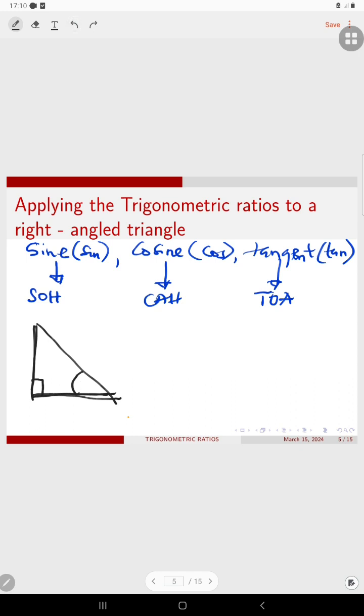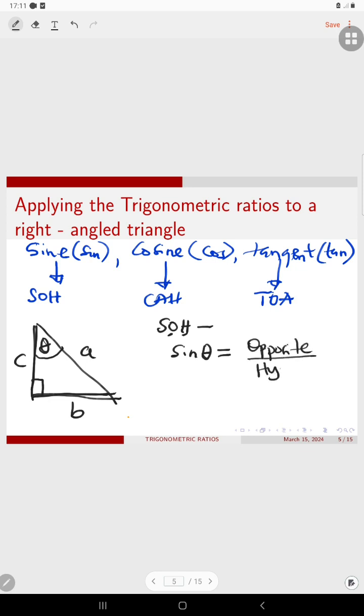Let me put my theta here, and the sides A, B, C. SOH means that sine theta, sine of the reference angle, is equal to opposite over hypotenuse.